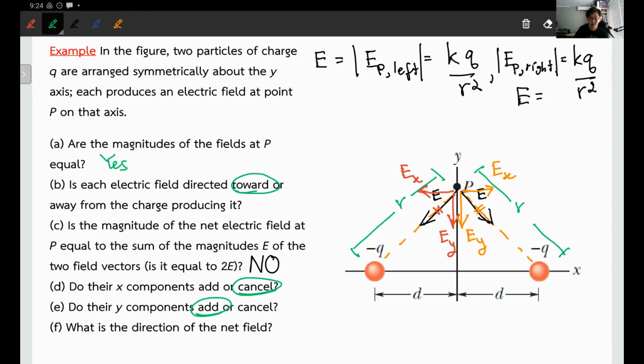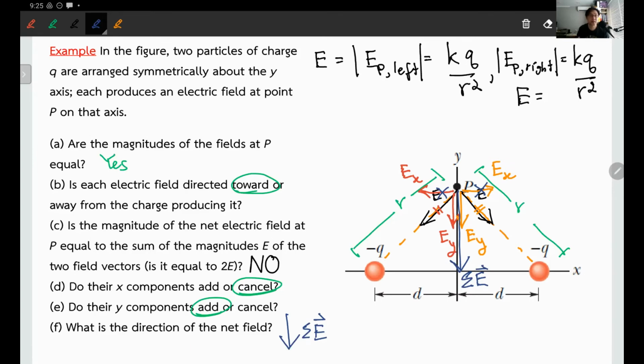At point P, the net electric field is going to point downward, because the horizontal components already canceled each other. So the net field direction is downward. Looks good.